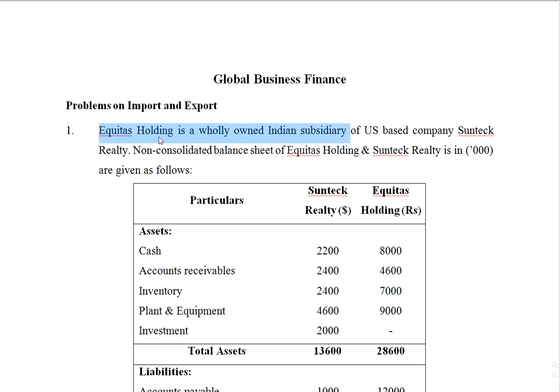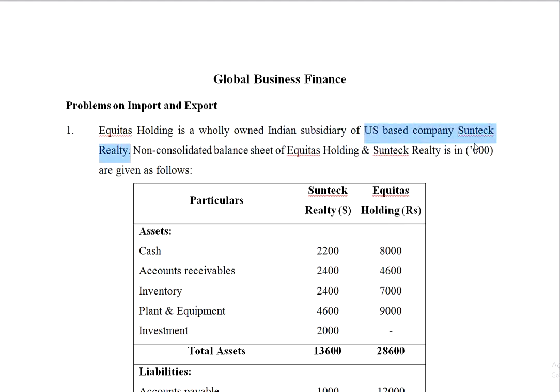Equitas Holding is a branch operated in India, and it is a subsidiary, meaning a branch of the US based company, which means the parent company is operating in the US and the branch is being operated in India. So the US based company's name is Suntec Realty.